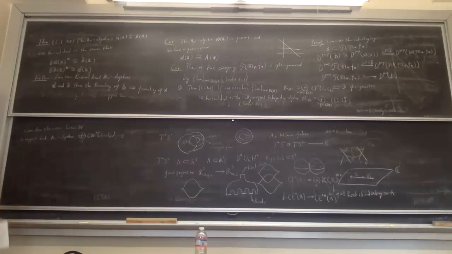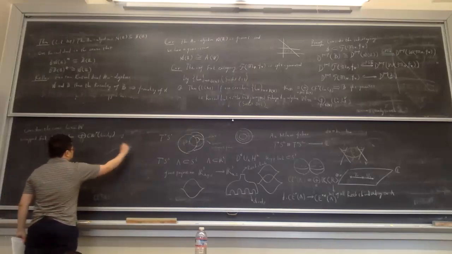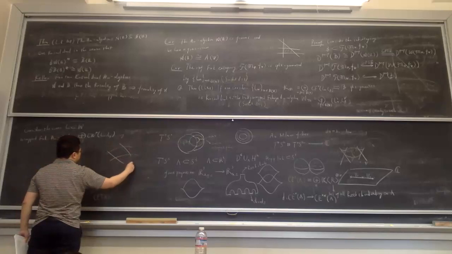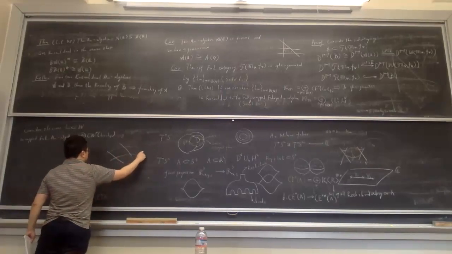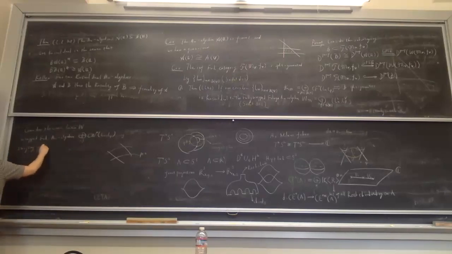You get an A-infinity algebra by counting basically holomorphic polygons, right? For example, this thing will contribute to mu4. So the conclusion is that you have a surgery quasi-isomorphism.